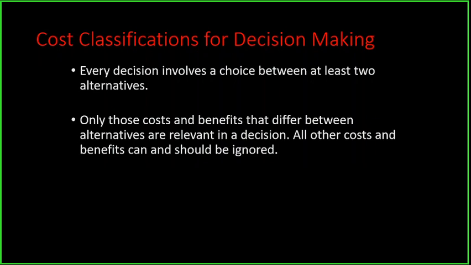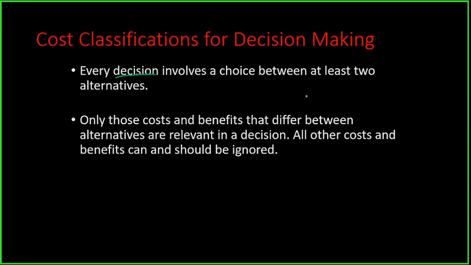Cost classification for decision making. This one is not found in your financial statements. So these are examples of non-GAAP cost. Now, we have to take note that every decision involves a choice between at least two alternatives. You don't make a decision if you only have one. It's not even an alternative if you just have one choice.